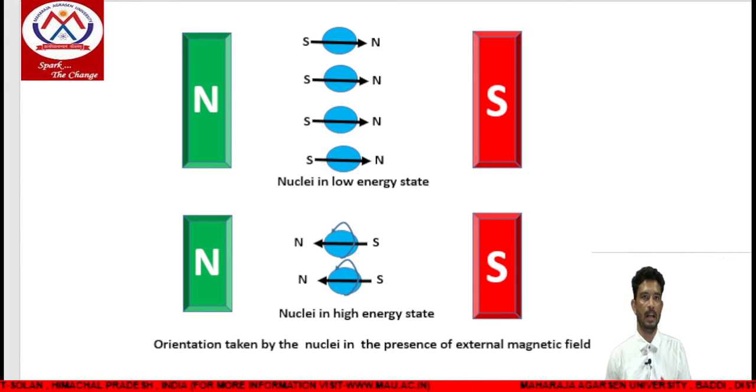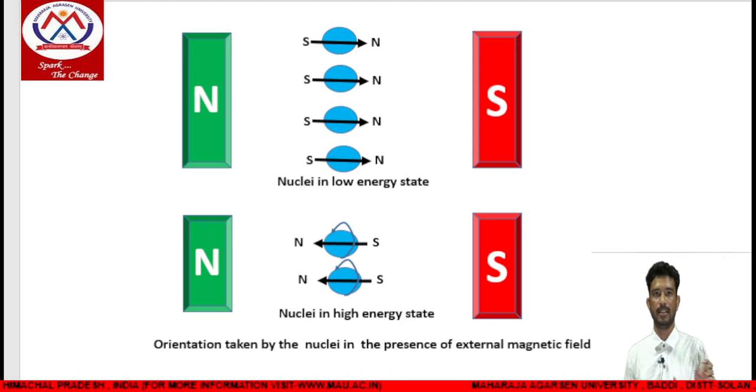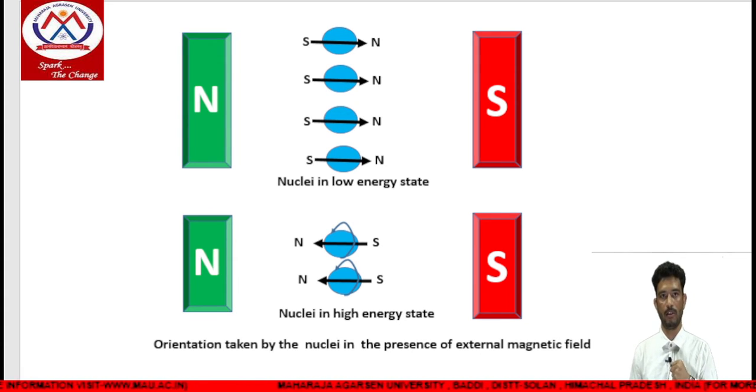Here we can see our nuclei arrange themselves according to the magnetic field, meaning north attracts our south pole and south pole attracts the north pole. When such orientations take place, we can say that our nuclei are in a lower energy state. However, it is not always possible.